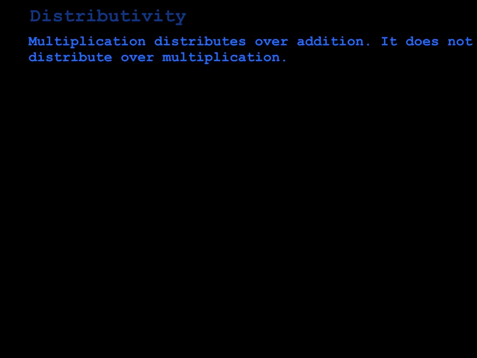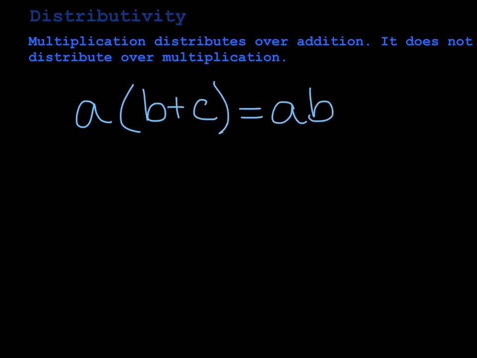The last thing we're going to talk about is distributivity. And with distributivity, we know that multiplication distributes over addition, but it does not distribute over other multiplication. And there's not a distributive property of addition. There's just the distributive property, and that says if I take A and I put it out in front of parentheses B plus C, I can distribute that A and get AB plus AC.